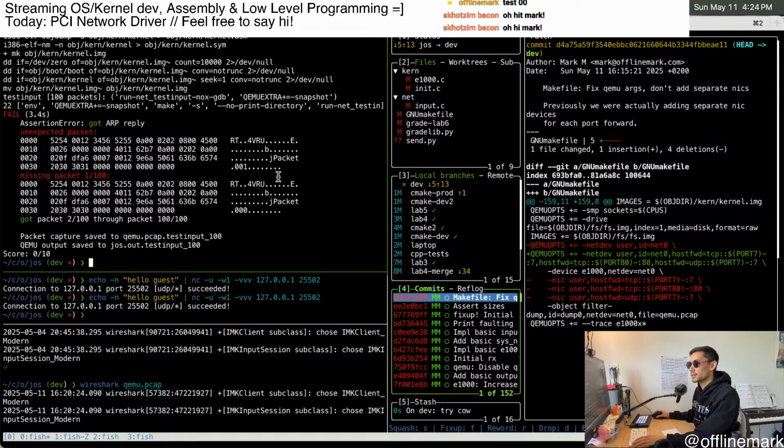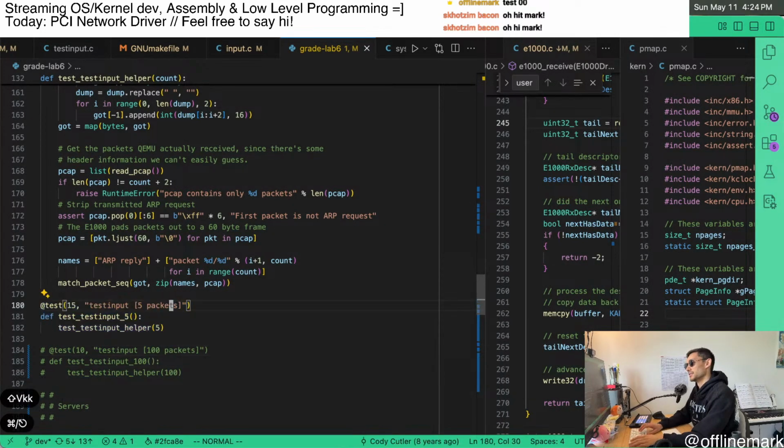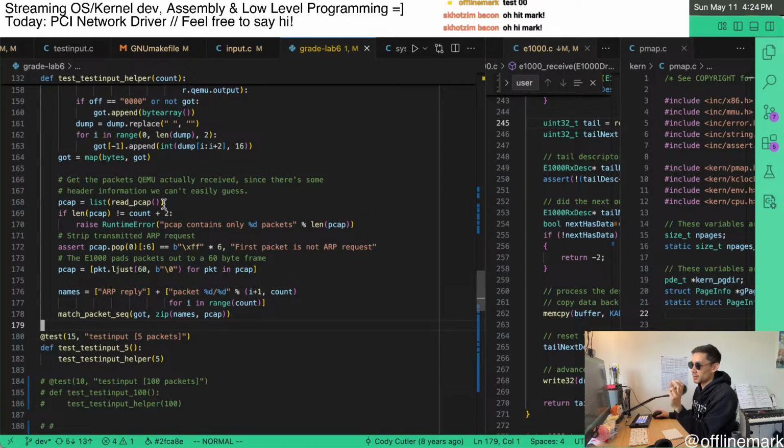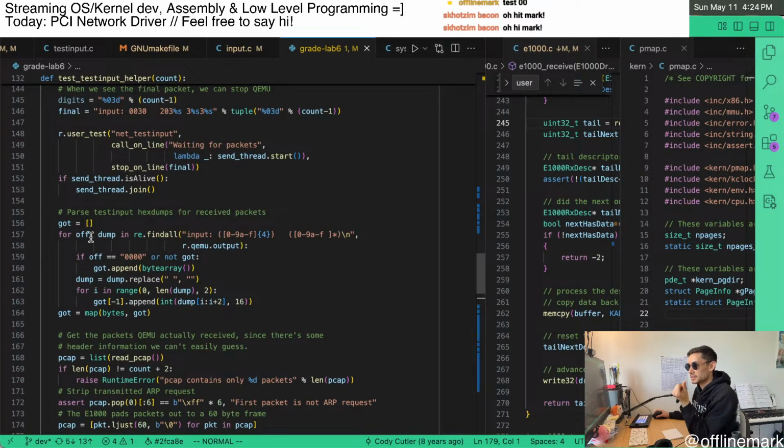It seems like something went wrong there. So I don't know if it's a problem with my code actually, or if it's a problem with the test infrastructure, because the test scripts do a lot of parsing of stuff.